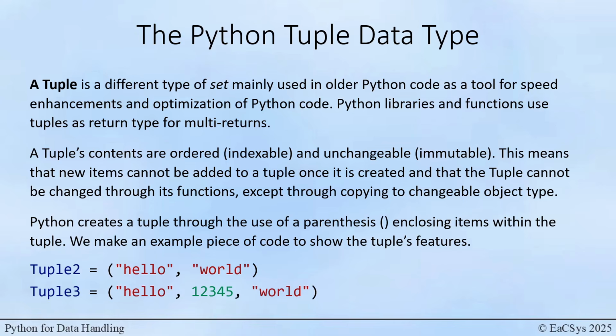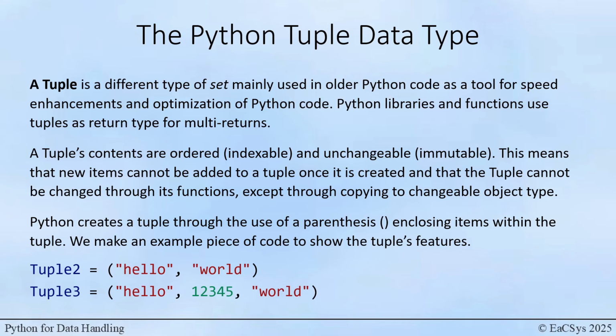The properties of the Python tuples are that the contents of a tuple are ordered, or you could say indexable, and unchangeable, or as you could say immutable. This means that new items cannot be added to a tuple once it is created, and that the object items inside the tuple cannot be changed or replaced except through a process of conversion, where the tuple is copied into another object type, and the items are replaced, and the result is changed again into a new tuple, possibly with the same name.